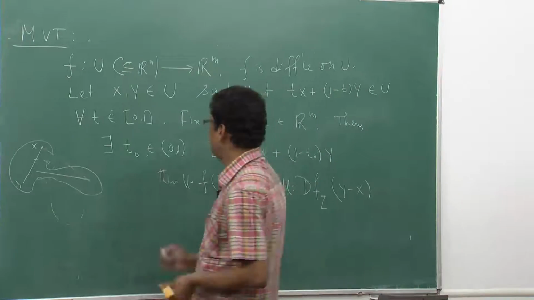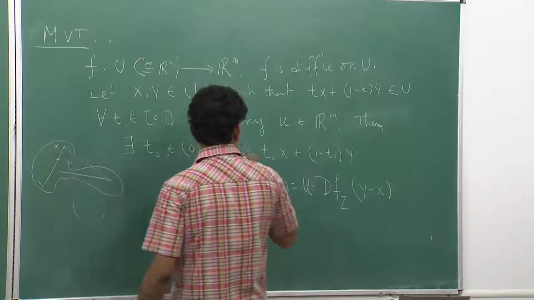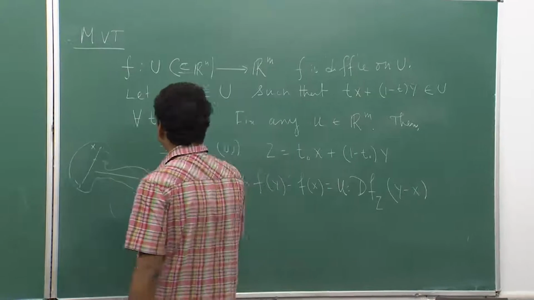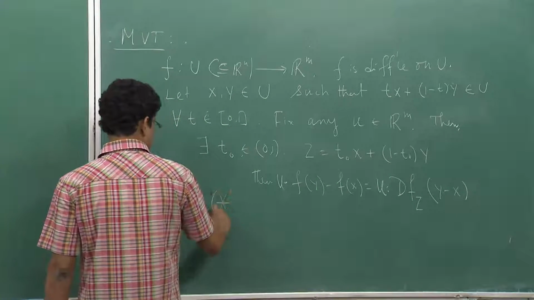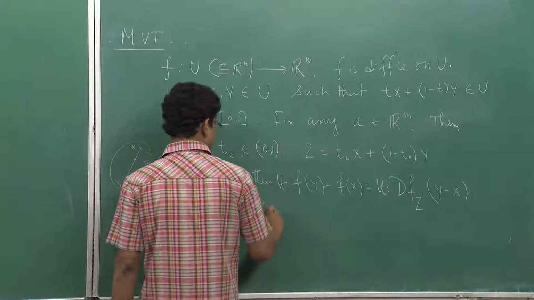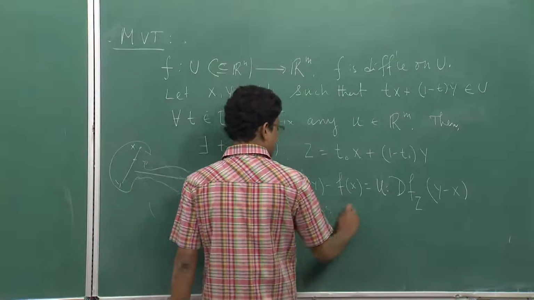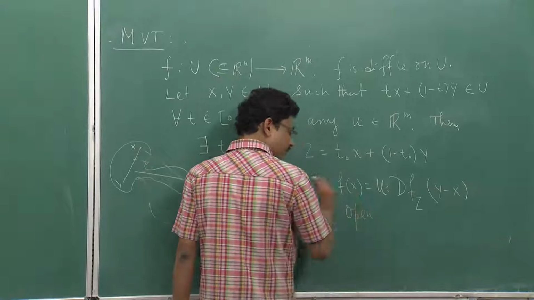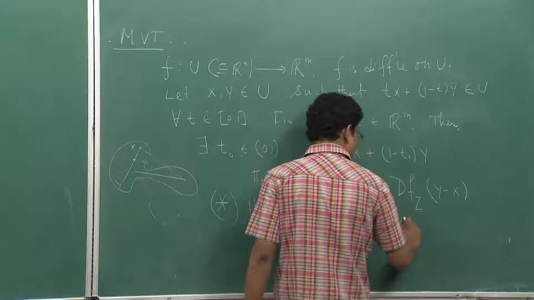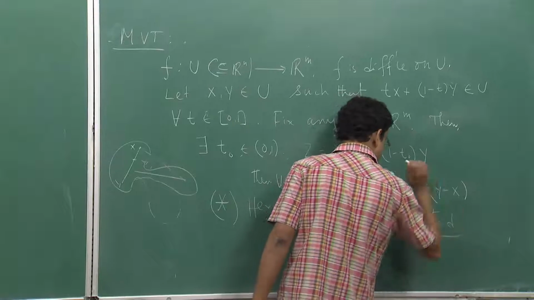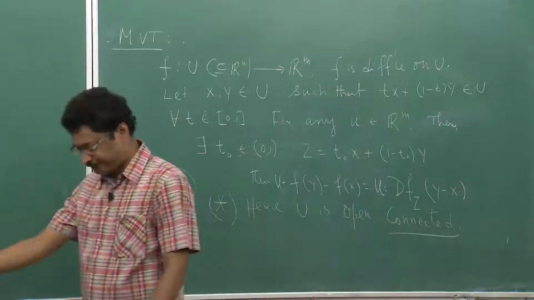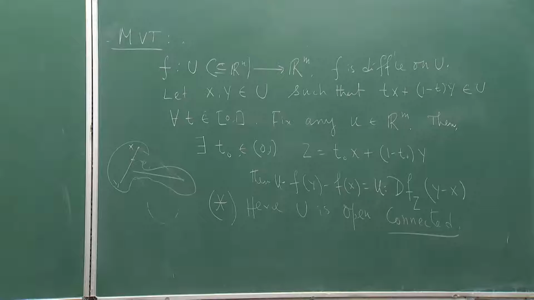So, maybe in the statement I include this part, that here u is open, very good, open I need for differentiability, and connected emphasized. So, I need u connected. Okay. So, the proof is here.